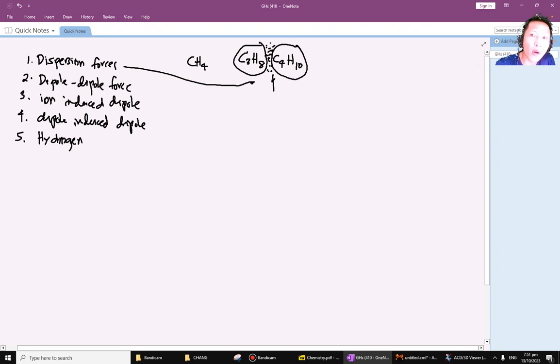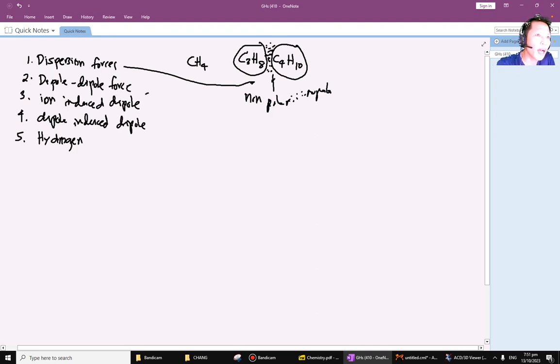But for nonpolar substances, it is the only force that is in between. Okay, so that's why we discussed it first. So for a nonpolar near a nonpolar molecule, the only force in between them is a dispersion force. But of course, all other molecules have dispersion forces.